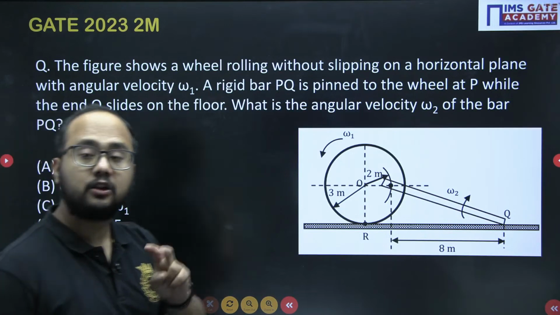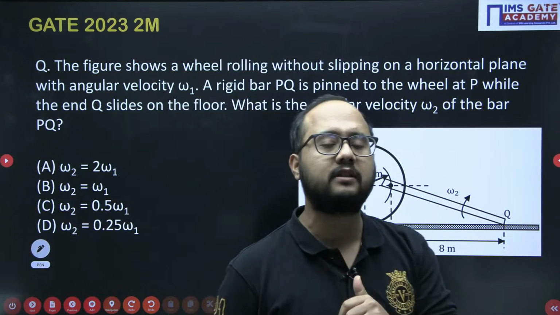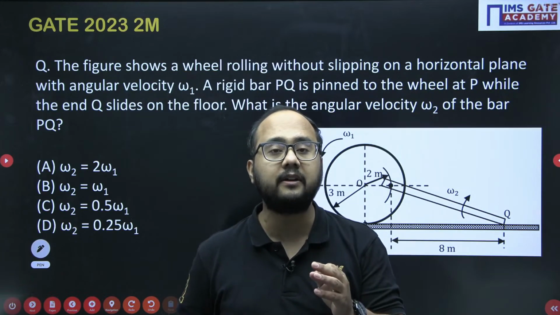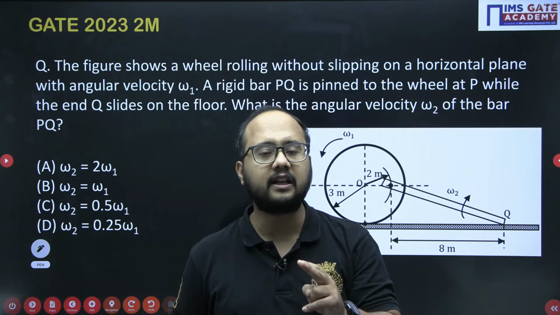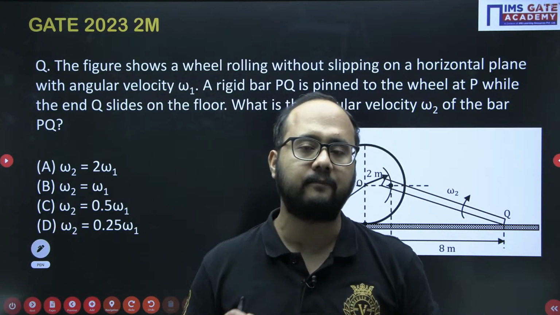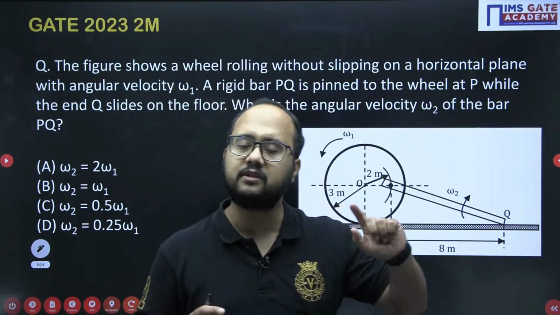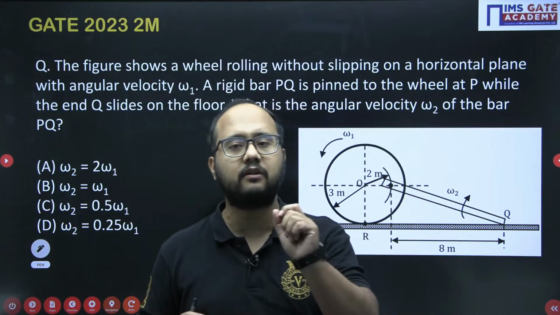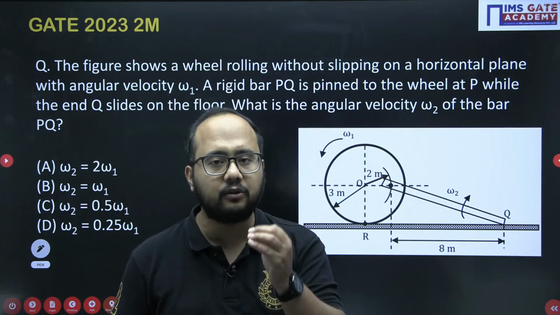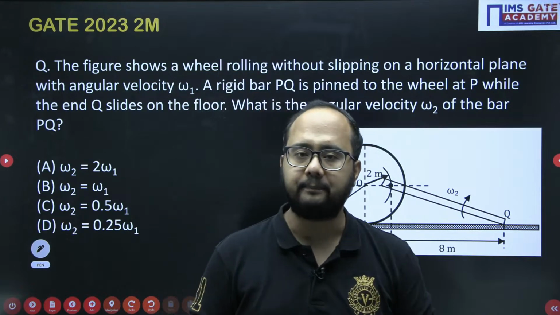now there are two methods to approach this kind of problem, because in velocity analysis we have two methods: the relative velocity method and the angular velocity ratio method. In the first method we will be using a velocity diagram. There is a set of rules that we need to use to draw the velocity diagram.